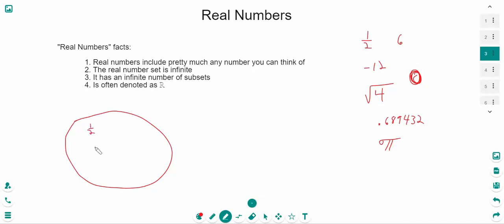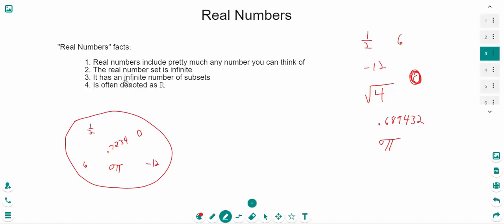So a half lives in here, a 6 lives in here, -12 lives in here, 0 lives in here, some nasty decimal lives in here, pi lives in here. All of these numbers live in here because this circle that I just drew contains all of the real numbers. So that is our set. This is the set of real numbers.